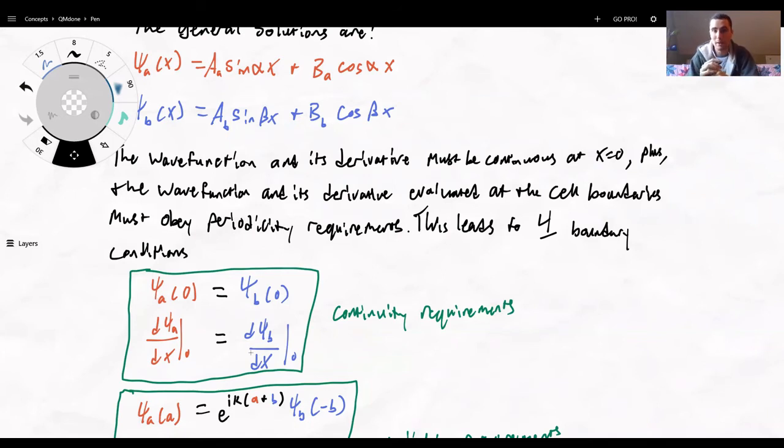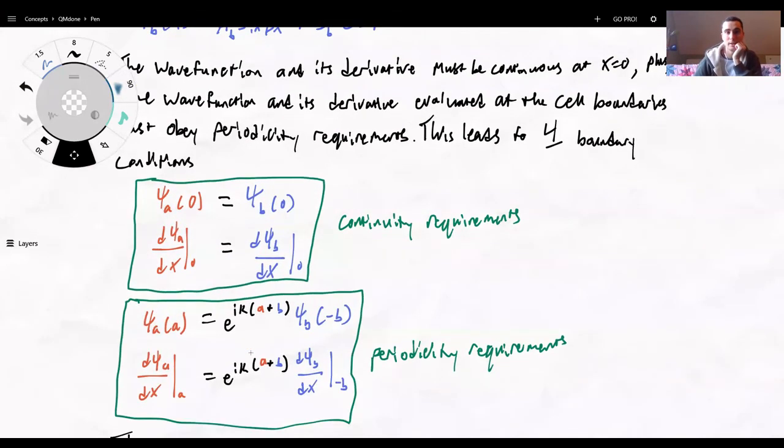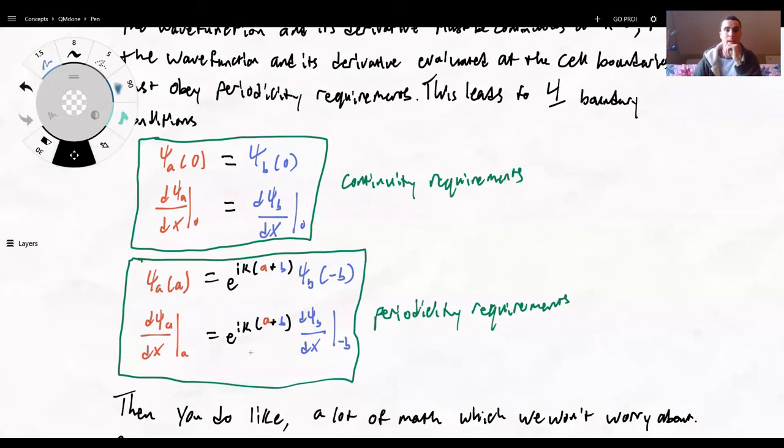Plus, the wave function and its derivative evaluated at the cell boundaries have to obey the periodicity requirements, which we've already talked about. So what this leads to are four what are called boundary conditions. So there are four conditions that these equations must fulfill in order to be valid for our formulation.